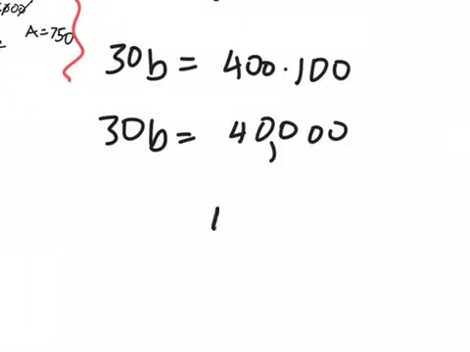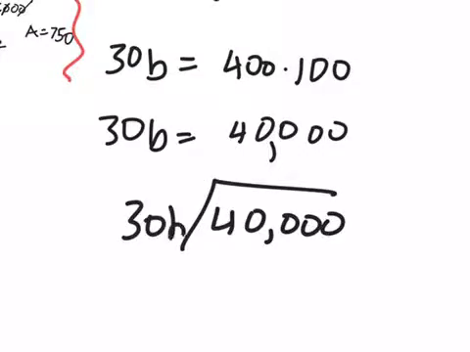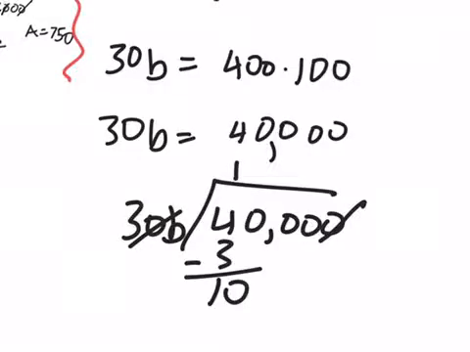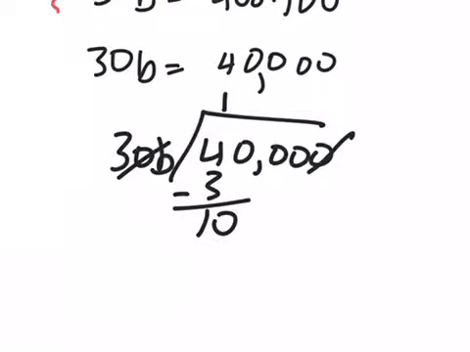Now let's divide. 40,000 divided by 30B. So now, remember we cross the 0 and B, the 0. So now it would be 3 divided by 4,000, which would be 1, 10, and then we have 3, 9, 1, 0.